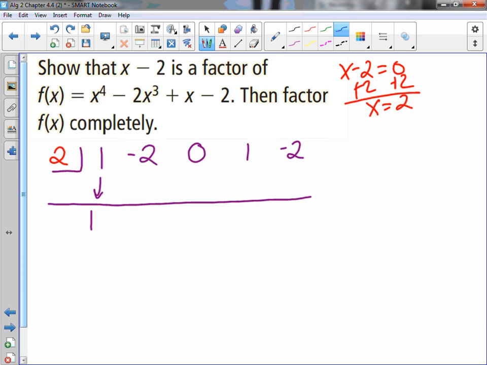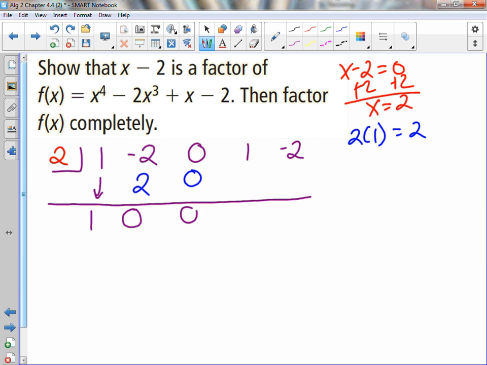Any questions on this here so far? Okay, so now we can go on and do our multiplication. So 2 times 1 would give us 2. Well, -2 plus 2, 2 times 0 is 0 plus 0 is, 2 times 0 is, 1 plus 0 is.